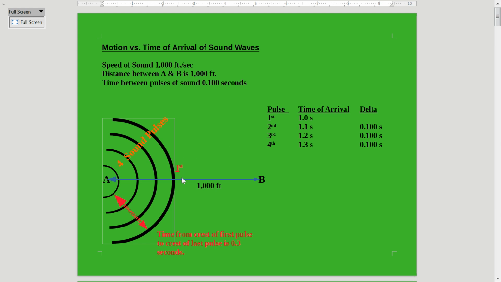In this scenario, I propose that we have a source of sound located at point A, and 1,000 feet distant, I have a recorder at point B. And we're going to do this in a 2D planar view, that is, we're looking down on this situation, and I'm going to ignore all three-dimensional aspects of sound propagation.